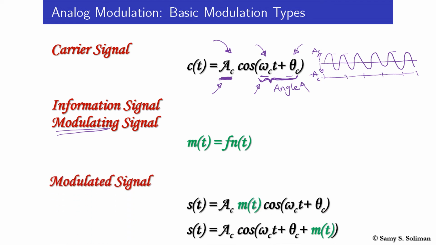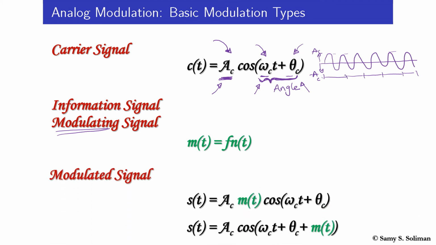So as a result, we have a modulated signal in one of these two forms. In the first form, we have the information signal, the modulating signal, appearing as a part of the amplitude of the sinusoidal signal.